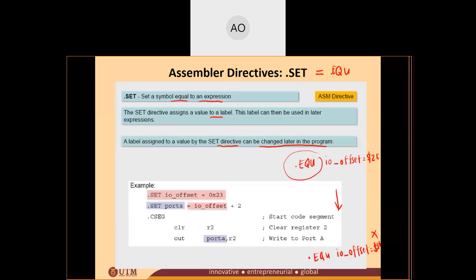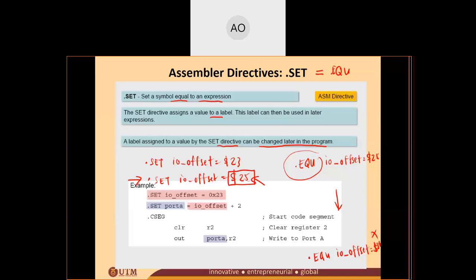Compared to .set, for example, at the top of your program you say .set IO_OFFSET = 23. Next, you want to redefine this IO_OFFSET to 30, so you just put .set IO_OFFSET = 30. So the value that the program will take is the latest value after the CPU executes this instruction.